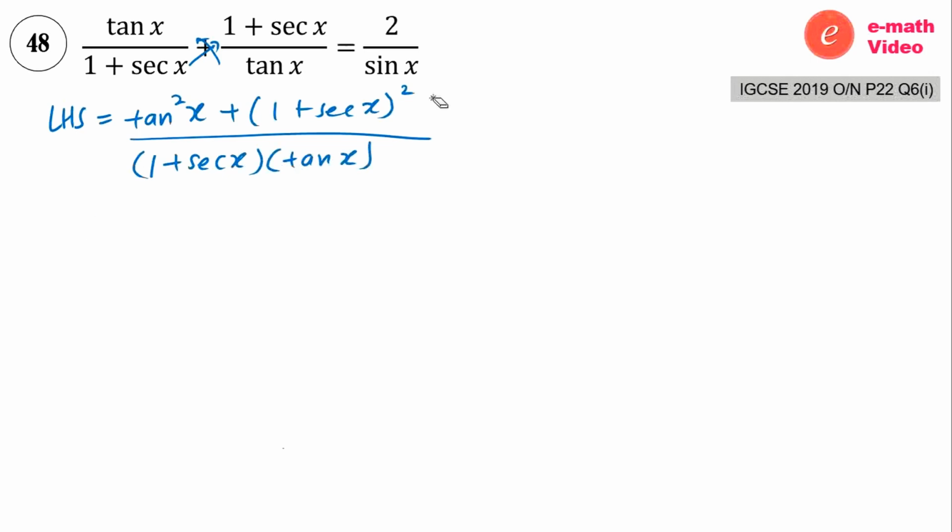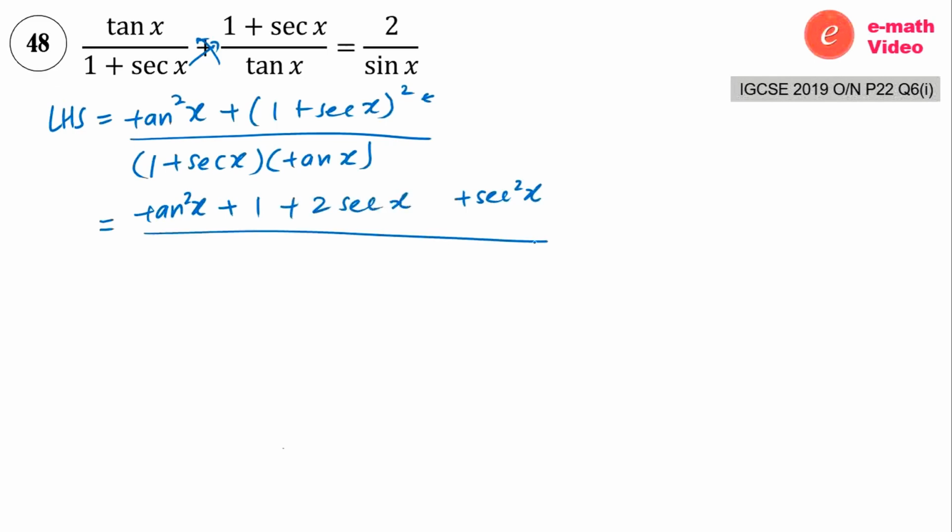On top, we expand the bracket. Equals to tangent square x plus 1 plus secant square x plus 2 secant x, over below. I think no need, we just keep it like this. Later we can cancel out. Okay? And now you see this part here is very similar.